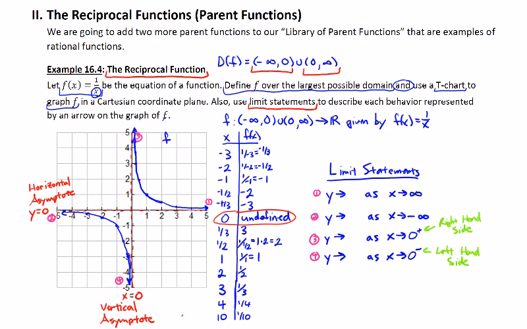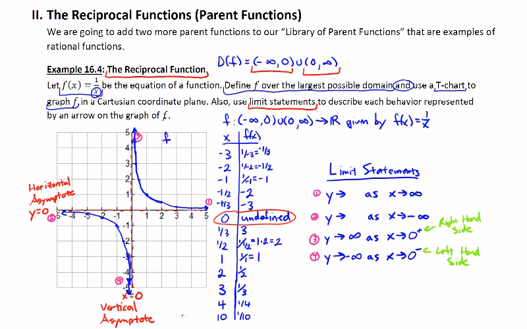So that would be y is approaching infinity as x approaches 0 from the right. For statement number 4, we can see the arrow is going to be going down, down, down off of the window as we get closer and closer to that vertical asymptote. So we'd say y approaches negative infinity.